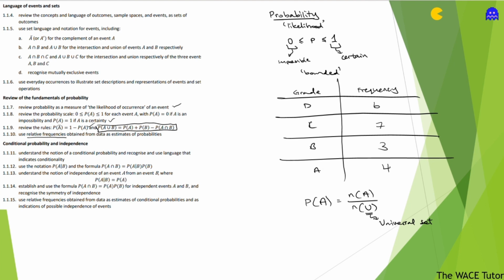The universal set here being the 20 students that took the test. The number of students who got an A is 4, and the number of students who took the test is 20. Therefore, my probability of selecting a student who got an A grade is 4 divided by 20, or 0.2.